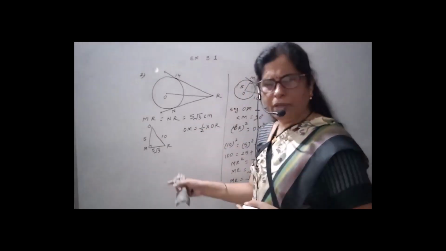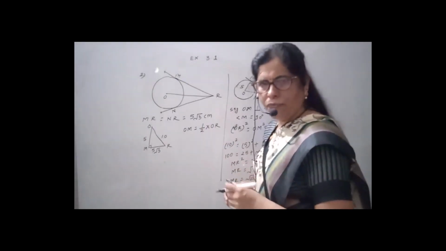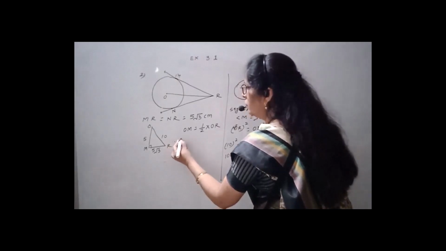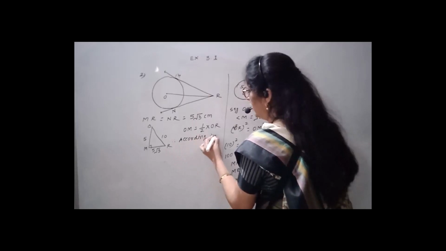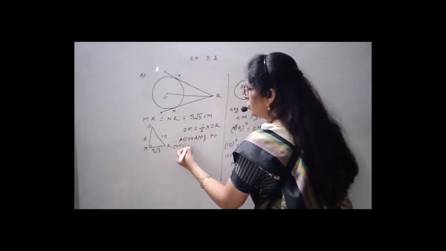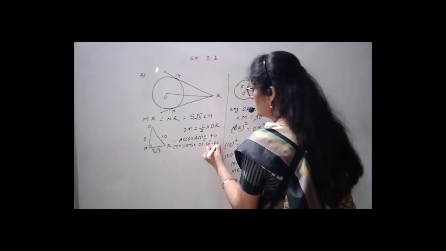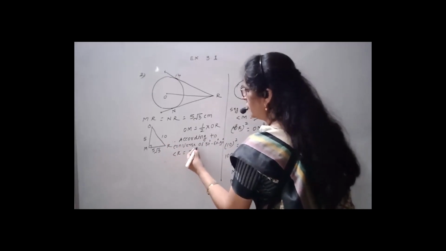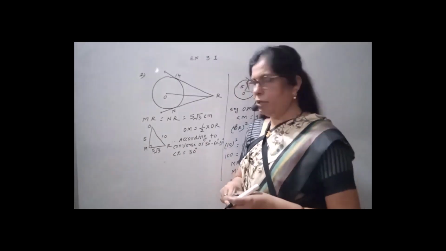OR is 10 centimeter and OM is 5 centimeter. So, the value of OM is half of OR. Therefore, according to the converse of the 30 degree, 60 degree, 90 degree theorem, the measure of angle R is 30 degrees. Why? The side opposite to 30 degrees is half of the hypotenuse.